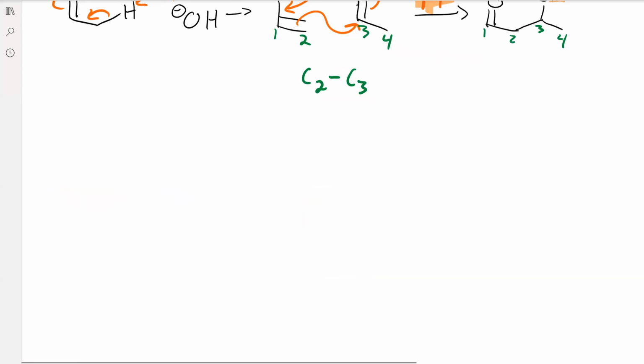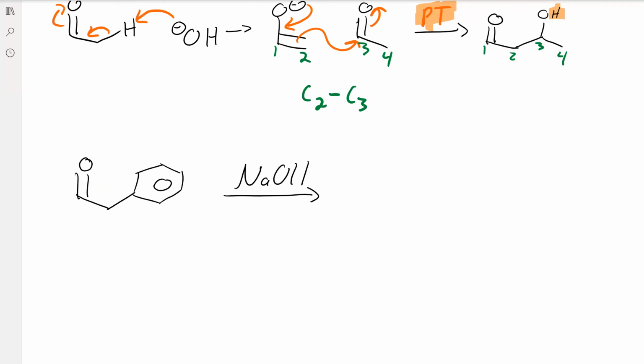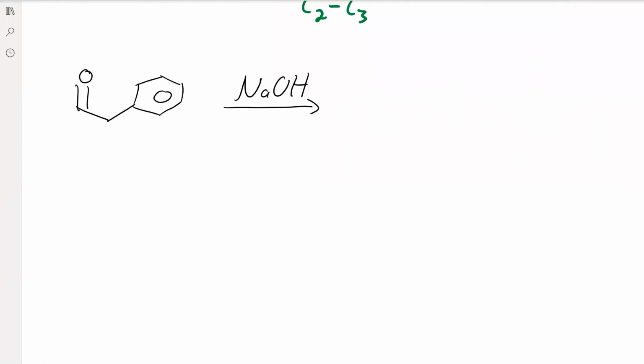Let's take a look at another example. Right now, in this case, we have this aldehyde with this benzene ring. Going to react this with some sodium hydroxide. And again, for these kinds of problems, I would either write out the mechanism or just kind of think through it logically. In this case, I'm going to draw out the mechanism. So that's our acidic proton that we're going to lose with our hydroxide to form our enolate.